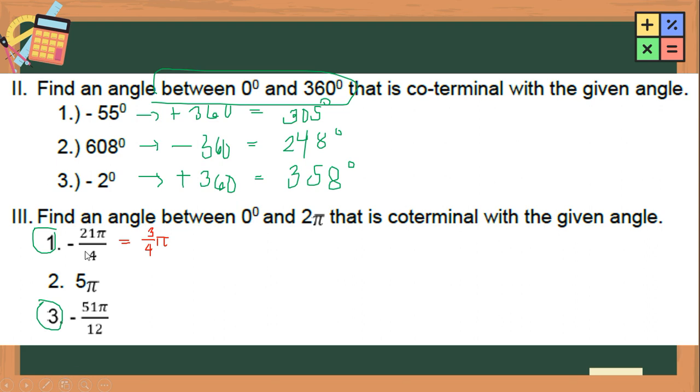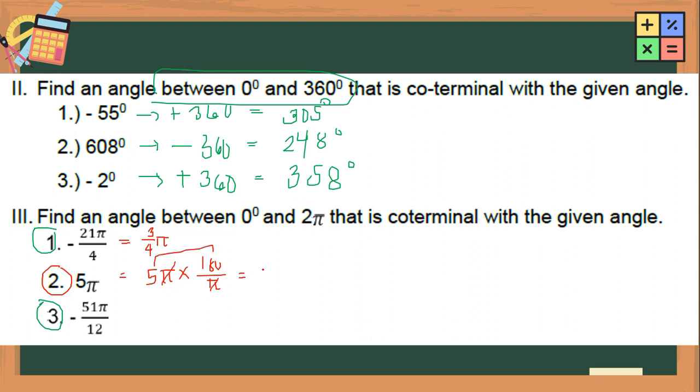That is when the question is negative. Sir, what about number 2? Number 2 is positive, so what you do there is subtract. You take 5 pi and find its exact value: 5 pi times 180 all over pi. Let's convert manually first. Cancel, cancel.